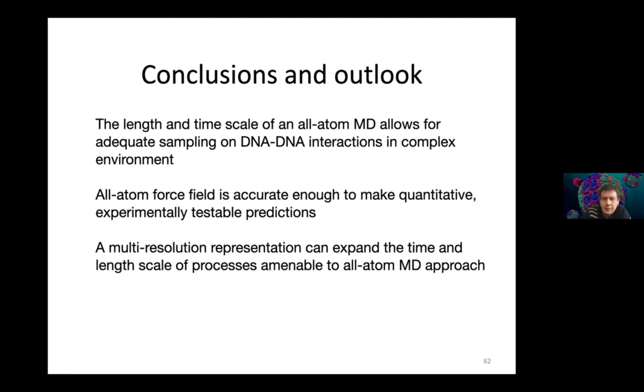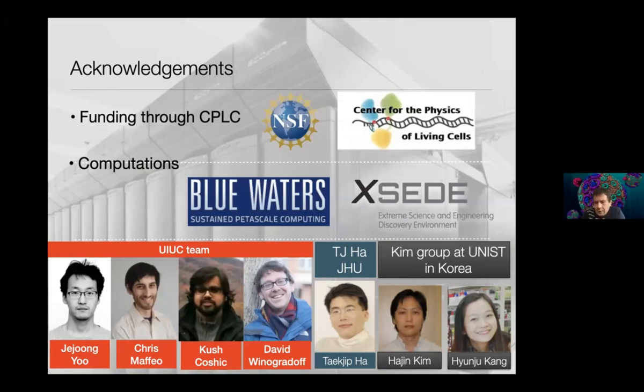And at this point, I'd like to conclude and highlight the people who did the work. Jijung did most of the DNA work that I talked about, including parametrization, DNA interactions and DNA loops. Chris did the multi-resolution DNA model, which was extremely important to make these viral packaging simulations possible, which Kush did.